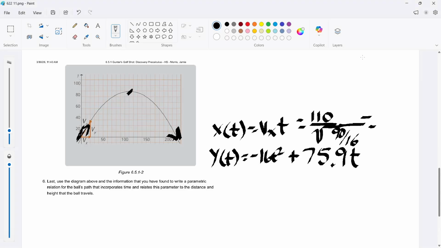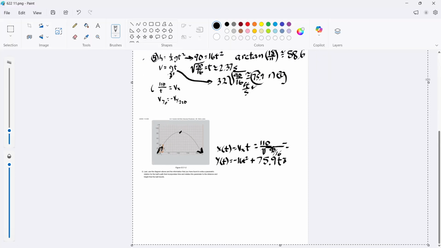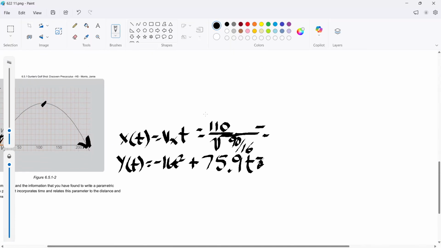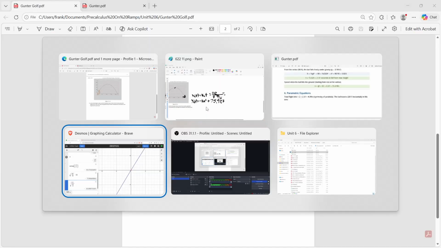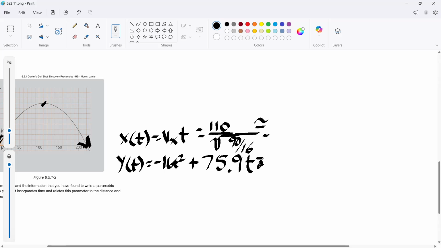Oh, I've got y of t, I'm trying to get x of t, I almost put it in the wrong place. So x of t equals, what was the number again? Approximately 46.4 t.